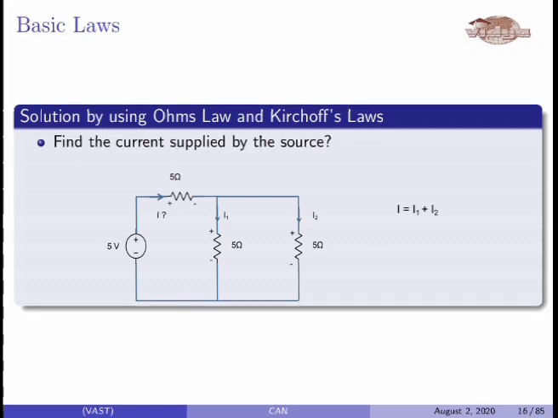So what we will do, you can mark the polarity of voltages depending upon the current direction. In the first 5 ohm resistance, when we consider the current flowing from this side to this, we mark here plus and here minus.